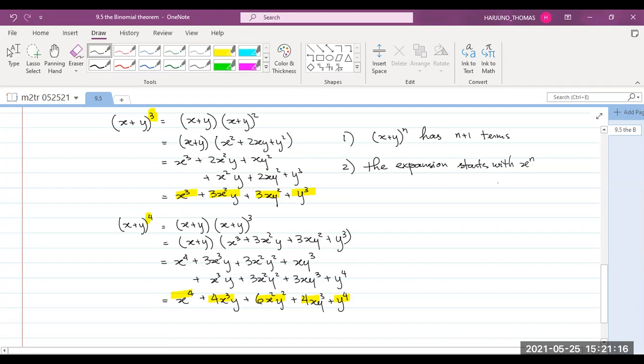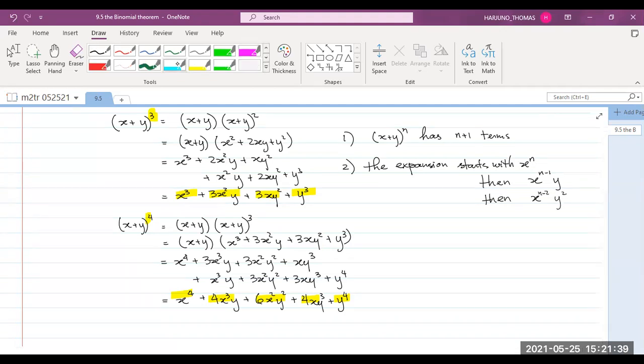And then the next term, you will see the exponent of x reduced by 1, but the exponent of y suddenly increased by 1. Now the total exponent is still n. Okay, take a look at the exponents here. You see degree of 4, but this is still degree of 4, 3 plus 1, degree of 4, degree of 4.